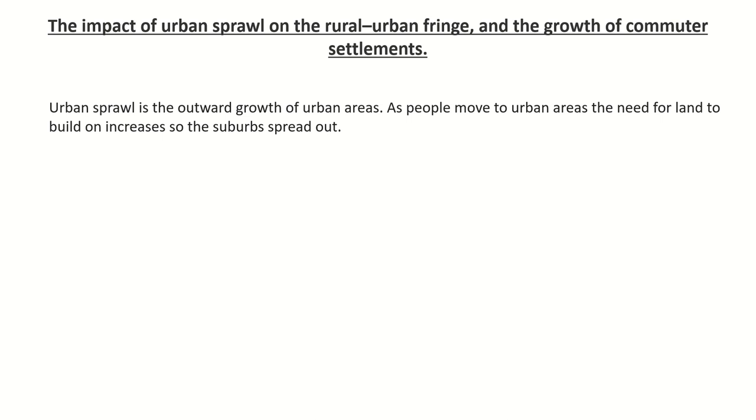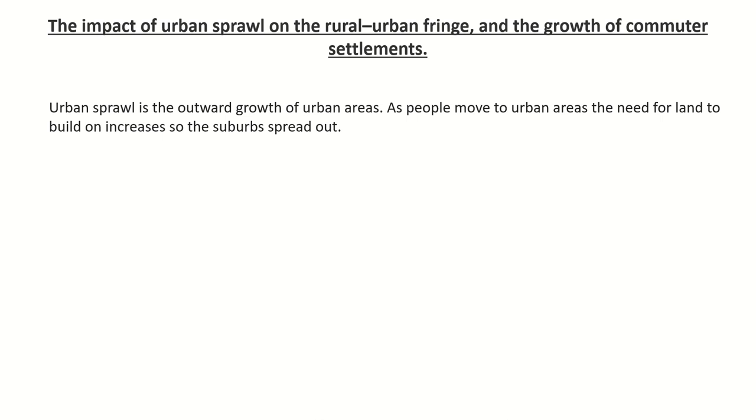If you imagine the boundary of a city, urban sprawl means that boundary extends in size and grows into the rural-urban fringe, and that is the area between the urban area and the rural countryside.